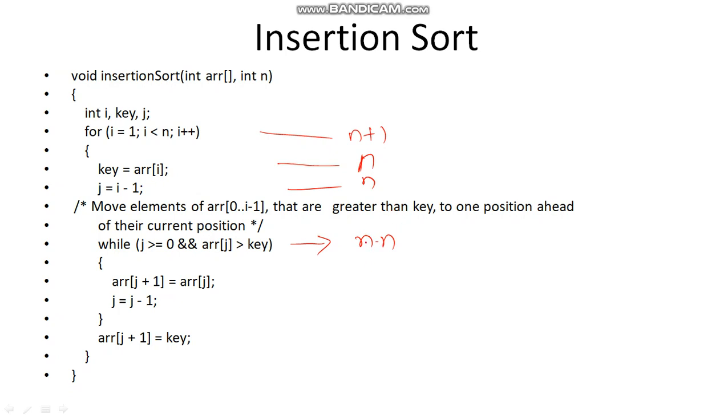Actually, for the first time it will be only one element, for the second time it will be 2 elements, for the third time 3 elements, for the nth time n comparisons. So the equation you get is n into n plus 1 divided by 2, and the control is going to come inside based on this. So the maximum number of times the control is going to come here is this many. Since there are 2 instructions, it will be 2 into n into n plus 1 divided by 2.